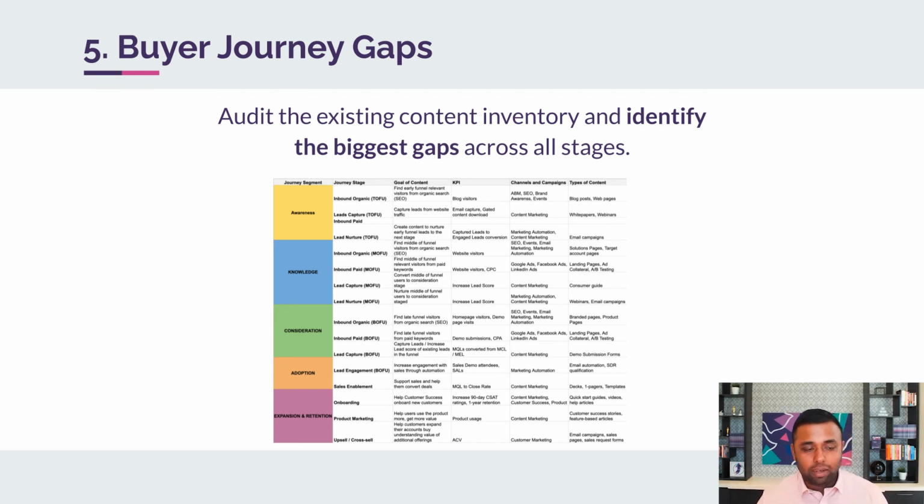And so when we get to this buyer journey gap analysis and look at all those assets, we want to figure out where we are lighter and where we are heavier, and where it is a critical enough gap that it's affecting our conversion rates. Then we want to prioritize that particular journey stage over all others, even if there are a ton of good ideas around other journey stages.